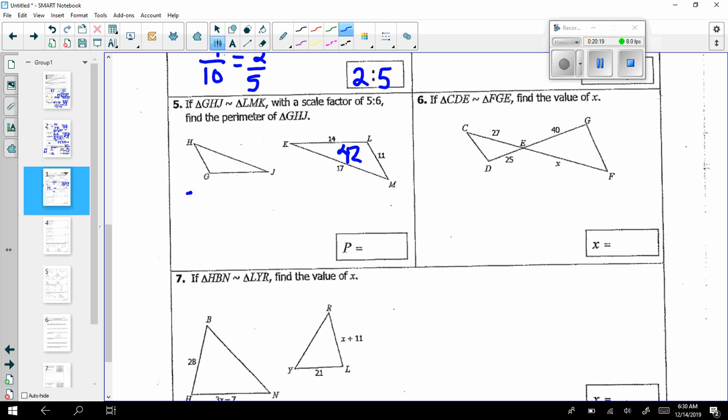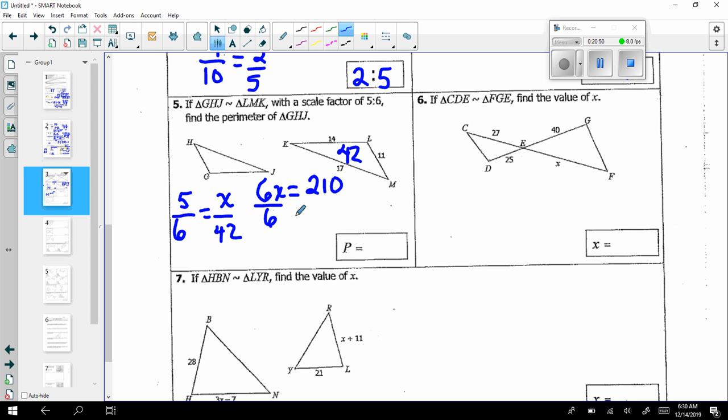So I'm going to do 5 over 6 is equal to some number over 42. Now, if you remember what I said about equivalent fractions, you should probably think it's going to be 7, but let me show you why. So I do 6 times x is equal to 5 times 42, and that's 210.